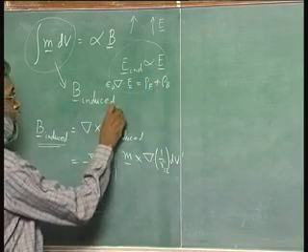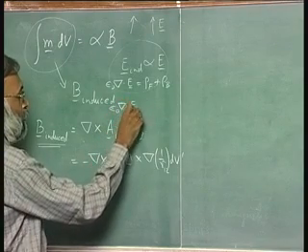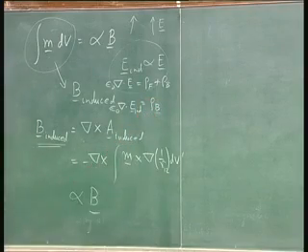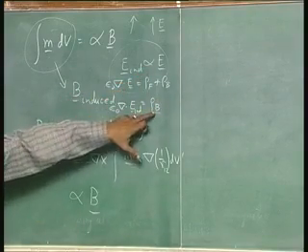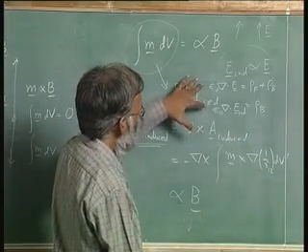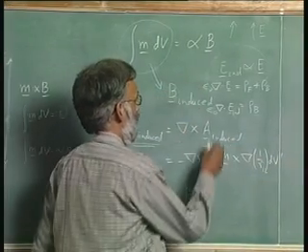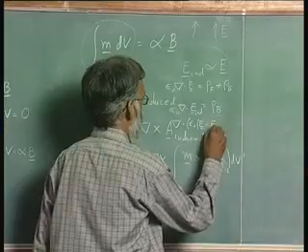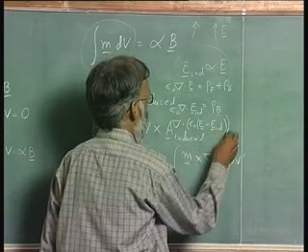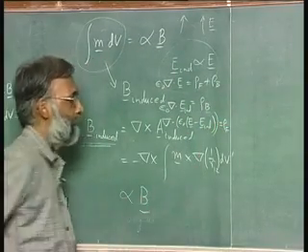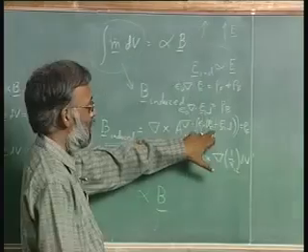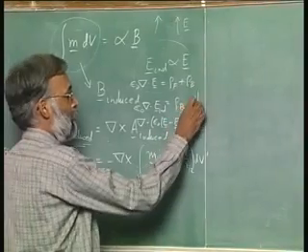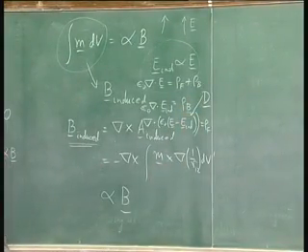Then I said epsilon naught divergence of E induced was equal to rho bound, because the E induced is only related to the bound charge, and subtracting the two, I got divergence of epsilon naught (E minus E induced) was equal to rho free, and I identified this new quantity, epsilon naught (E minus E induced), as a new field which I called the displacement vector.